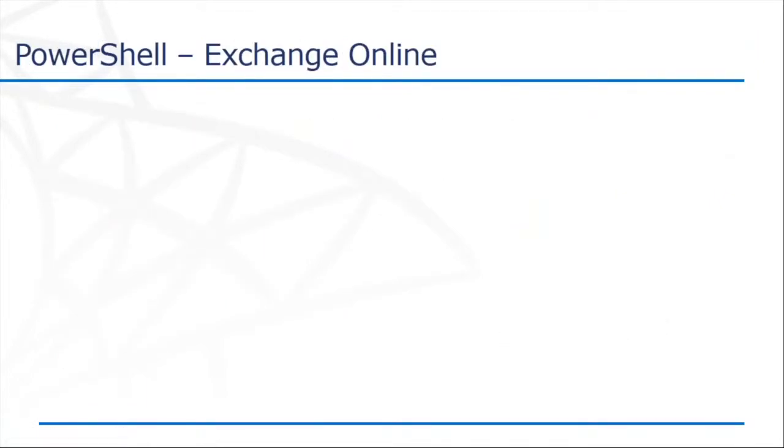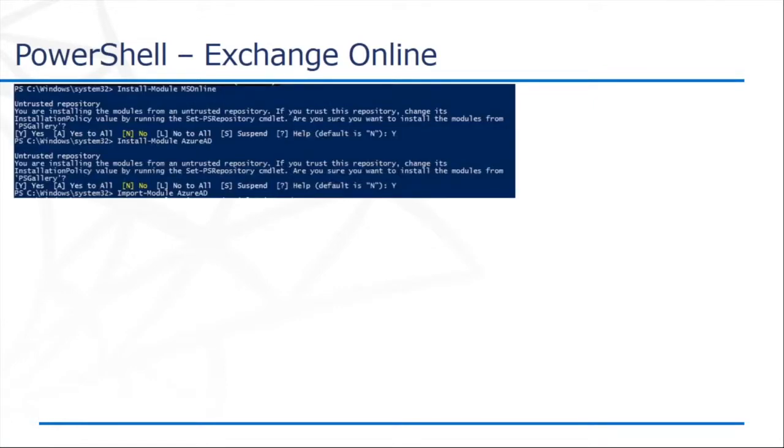So let's move on to the PowerShell part. If you want to connect from your local machine to Exchange Online, you have to have PowerShell version 5.0 or 4, whatever. Then you have to install a couple of modules like MS Online and Azure AD.